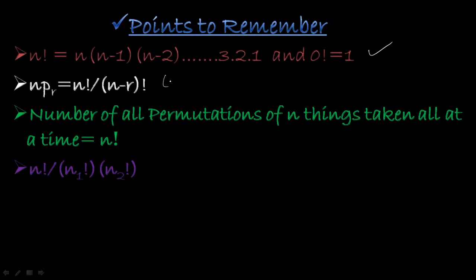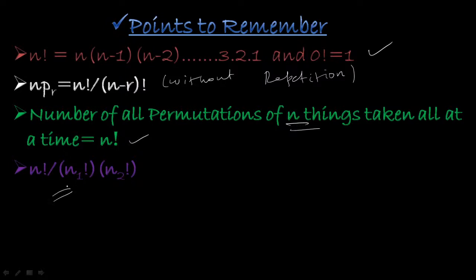This is only for permutation without repetition, where order matters and repetition is not allowed. And the number of all permutations of n things taken all at a time is given by the formula n factorial. If one or two are repeated, if there is a repetition of letters or any object, we make use of the other formula.